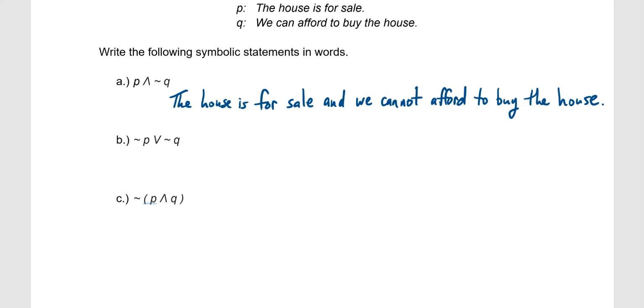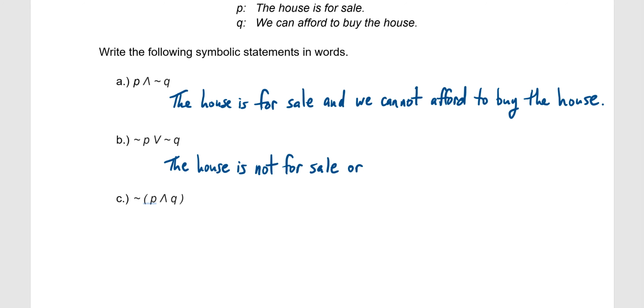Okay, so that is the first one. The next one, we have the negation symbol on P, and then the disjunction symbol or, and then the negation of Q. Let's do the negation of P first. As you can see, we're just doing one at a time here. The negation of P is going to be the house is not for sale. And then we have the disjunction symbol for or.